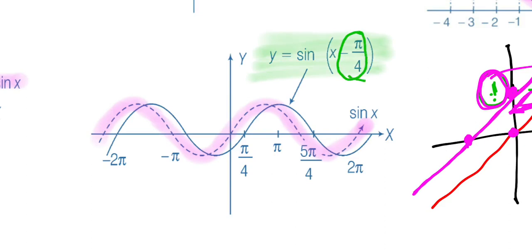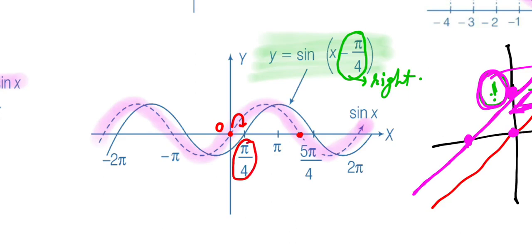So the graph will be shifted towards the right by the amount of pi by 4. Every point will be shifted by an amount of pi by 4. Earlier this point was 0, now it is shifted to the point pi by 4.